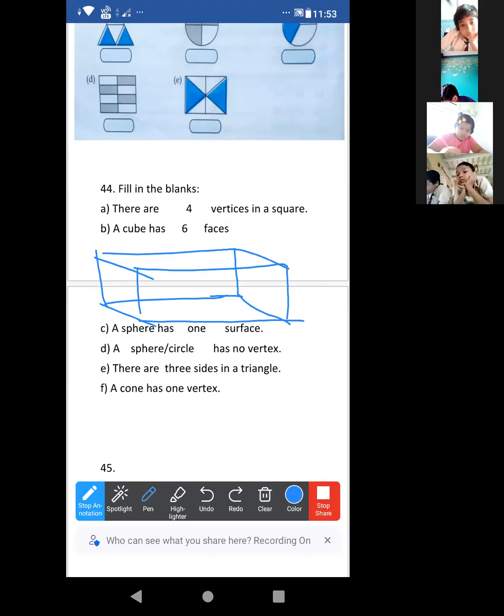I am drawing the cuboid, but cube means all the sides are equal, just like a dice. Cuboid means matchbox, pencil box. Now I am coloring. Suppose the upper one, this is the upper one I am coloring. One face. Now for the lower one.